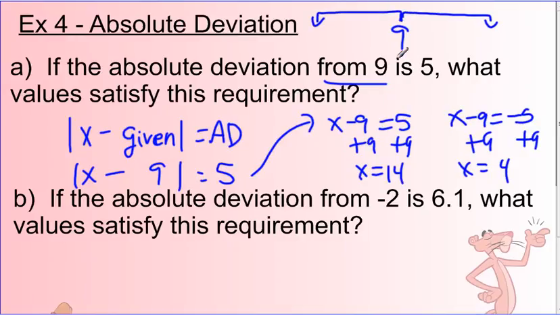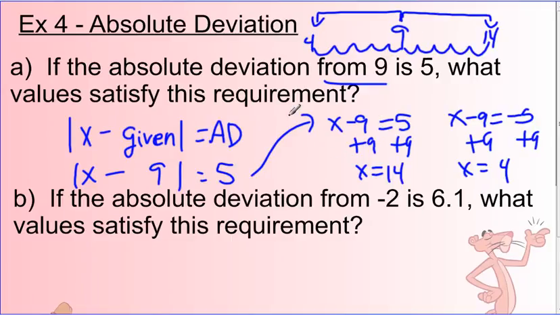Well, if I'm at 9 and I go 5 units bigger, 9, 10, 11, 12, 13, I'd be at 14. One of our answers. If I'm at 9 and I go 5 units smaller, 9, 8, 7, 6, 5, I'm at 4.